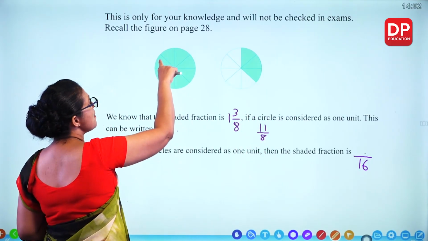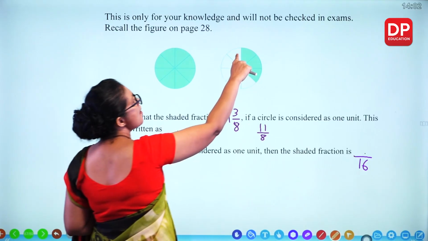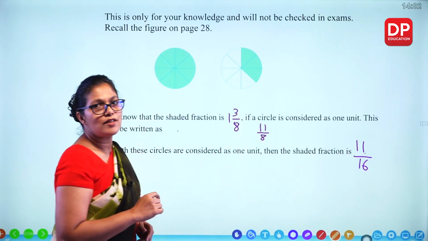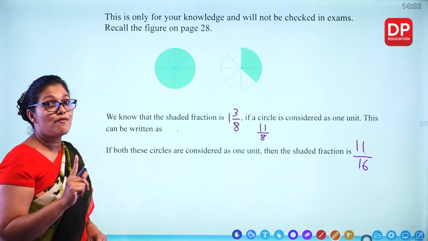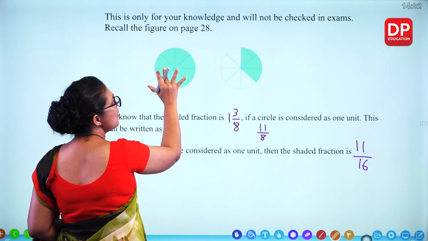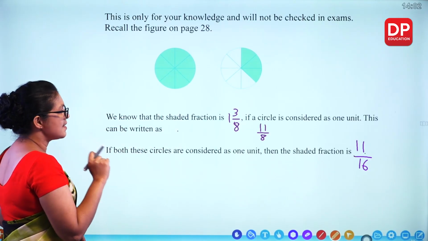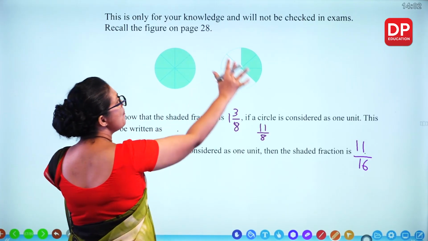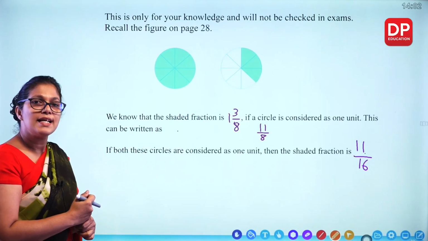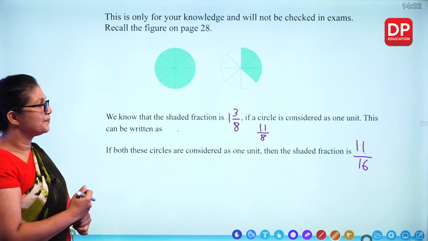Out of 16 parts, this is 8 plus 3, 11 parts are colored. So you need to be careful. If you take one full circle as a whole, the fraction is this, and if you consider the whole picture as 1 unit, then you get the fraction as 11 over 16.